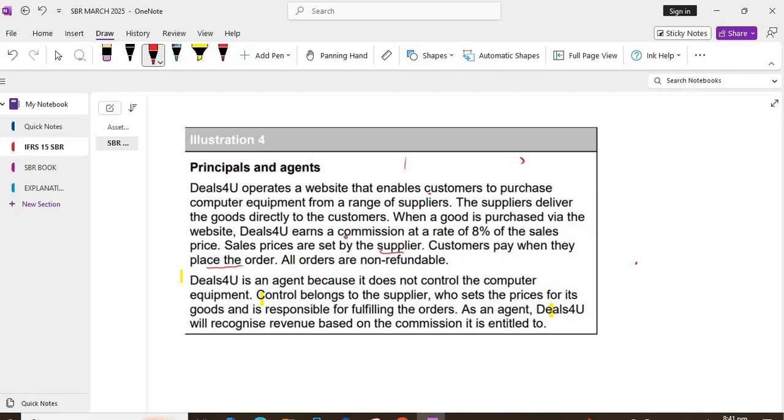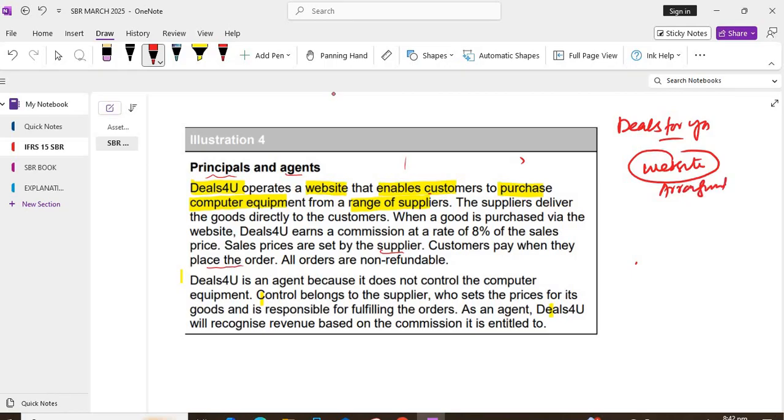Here, principal and agent. Now let me highlight. Okay, Deals4You operate a website that enables customers to purchase computer equipment from a range of suppliers. So this means that Deals4You have a website, and the website's purpose is arrangement.